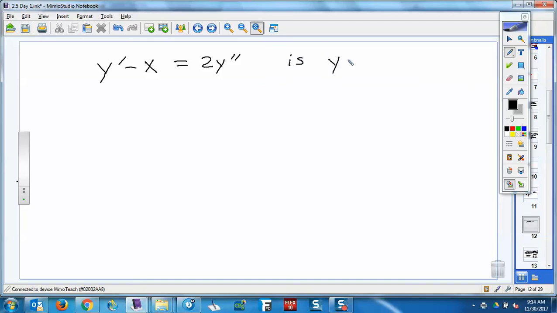Is y equals x to the third plus 7x a solution? Okay, make a T on that differential equation and see if you can think what to do.